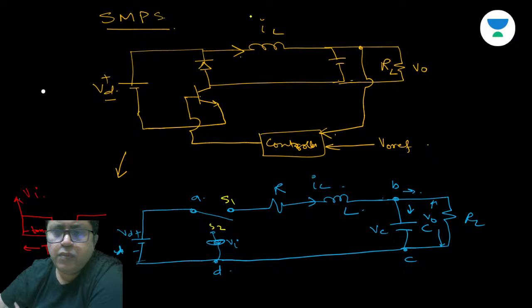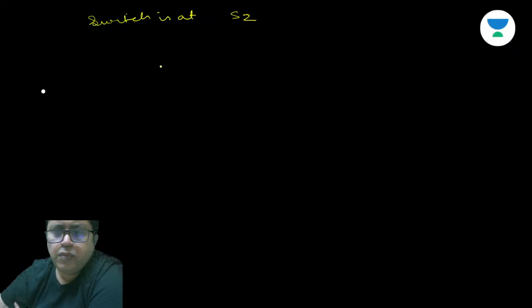Okay, let us say the switch is at S2. So this will be like this. This is Vi, this is S2, this is R. The inductor will behave as a constant current source. Suppose this is IL.